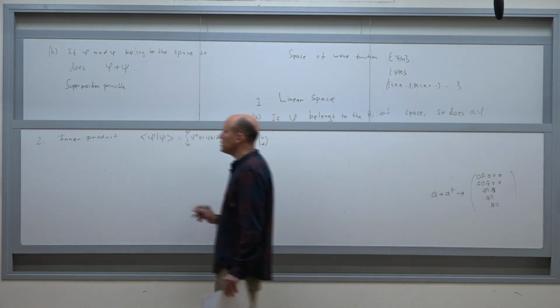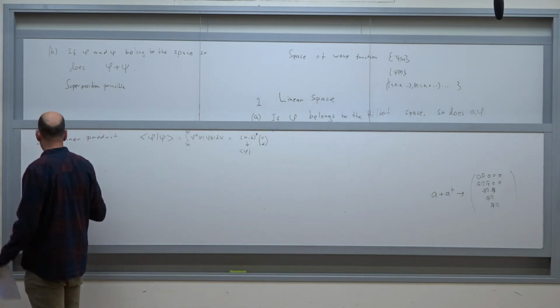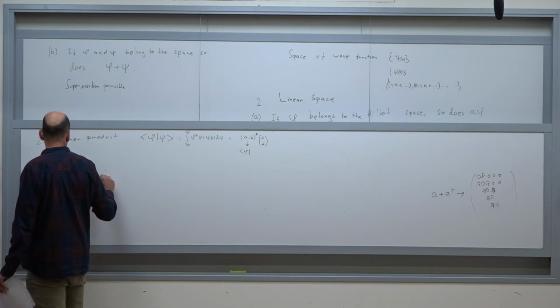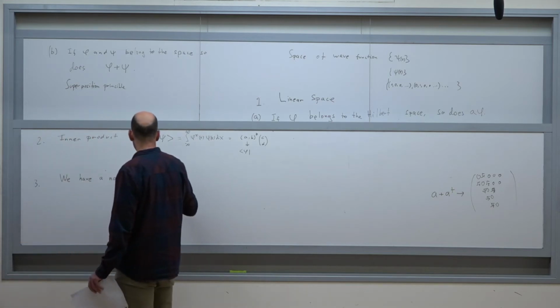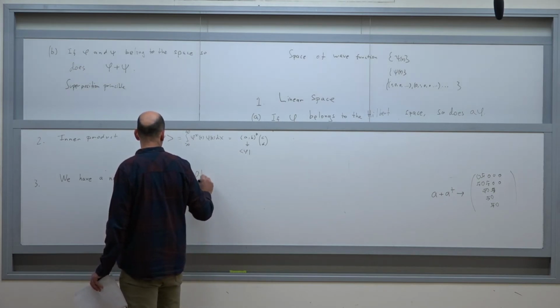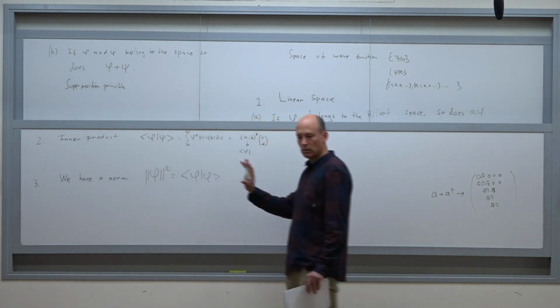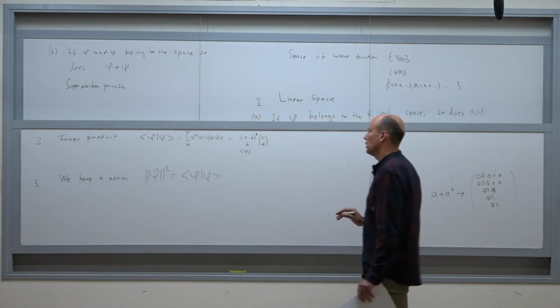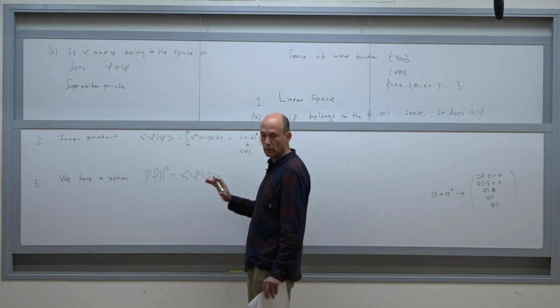The other thing that mathematicians like to do is that we have a norm, that is phi absolute value squared, which is <phi|phi>, and it must exist. You have to state this, that this thing is a number not equal to infinity.